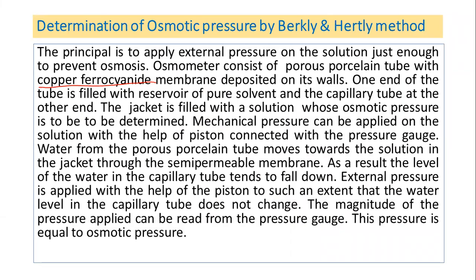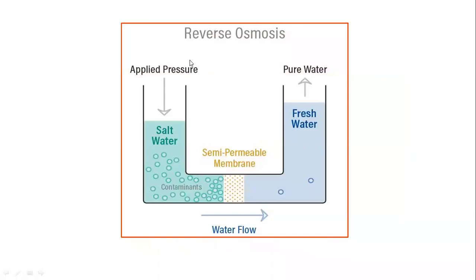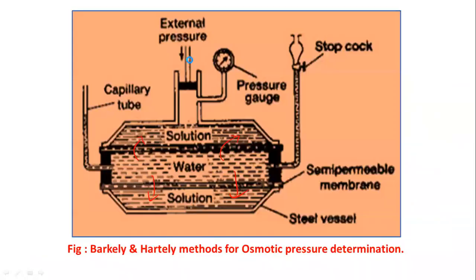Mechanical pressure can be applied on the solution with the help of the piston connected with the pressure gauge. This pressure can be applied and measured with the help of this pressure gauge. So this is the process here.